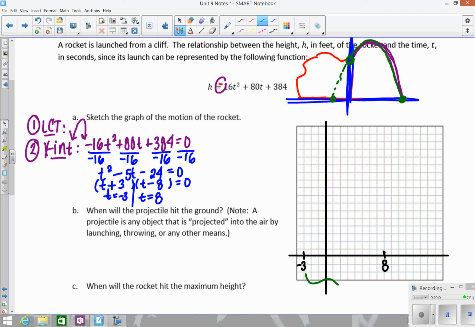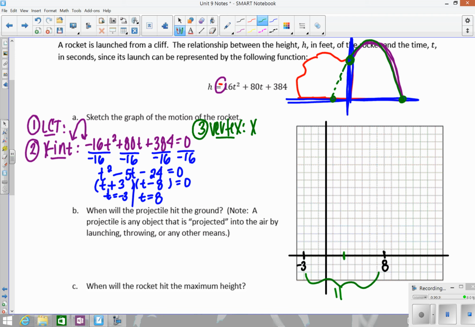So if you look, there's 11 units between these. That means I'd have to go over 5.5 to get to the axis of symmetry. So 1, 2, 3, 4, 5.5 is where I know that my vertex is going to have to be. So let's work on now finding the vertex.